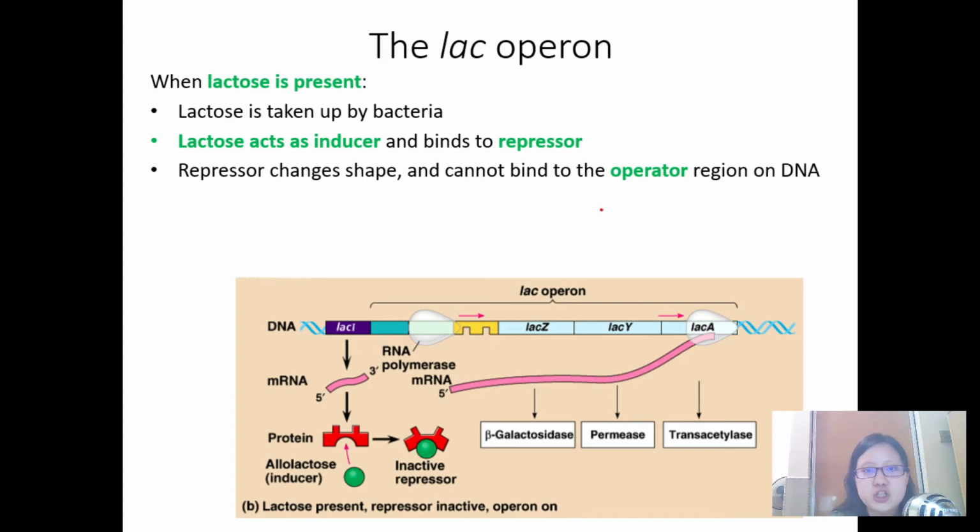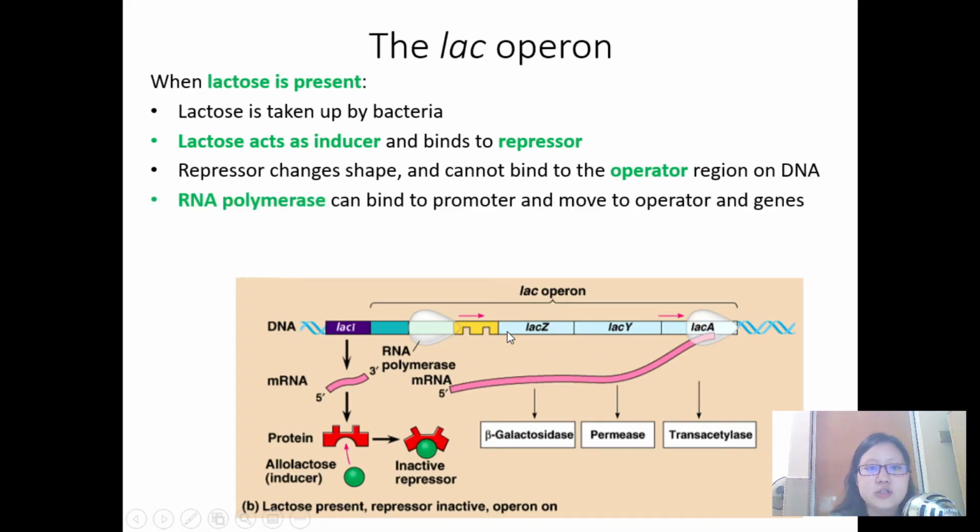It changes shape. It cannot bind to the operator region of DNA anymore. And therefore RNA polymerase can bind to the promoter and move through the operator region and through the structural genes, resulting in transcription and therefore translation of the 3 different genes.